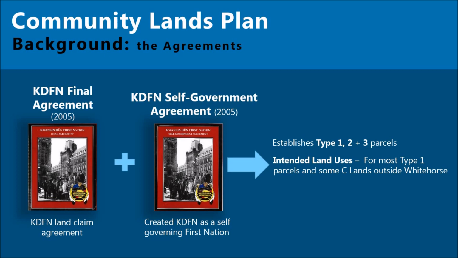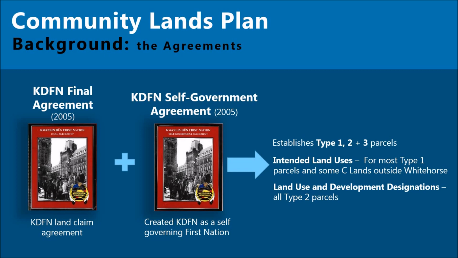And this is just a broad designation for how those parcels are to be used. In this case, for the type 1 parcels and some of these community lands outside of Whitehorse, these are just guiding designations. Kwalndun is not beholden to follow through on developing those parcels according to those intended land uses. It's just a rough guide.